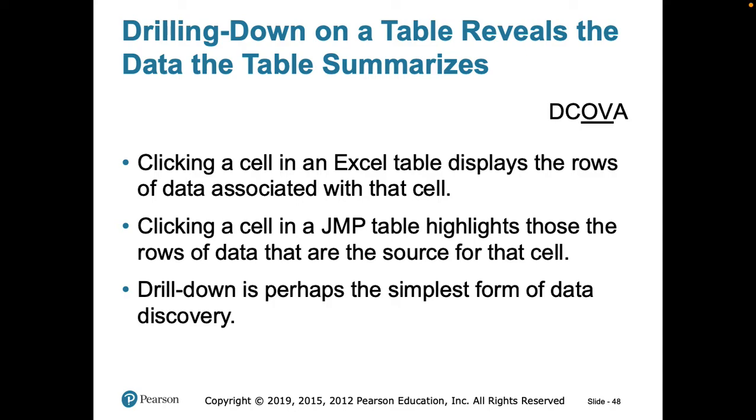In JMP, you can click on that cell and it will highlight those rows of data that are the source of the cell.